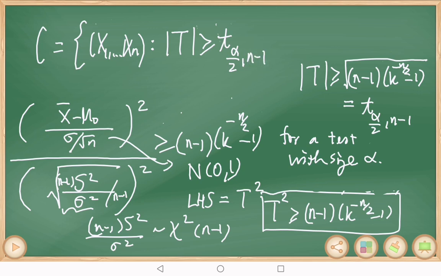All right. Okay. So this t is basically based on all your samples, right? Your x bar and your s square.